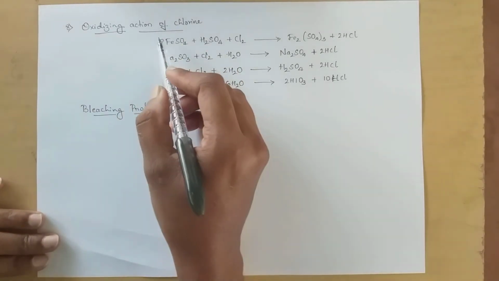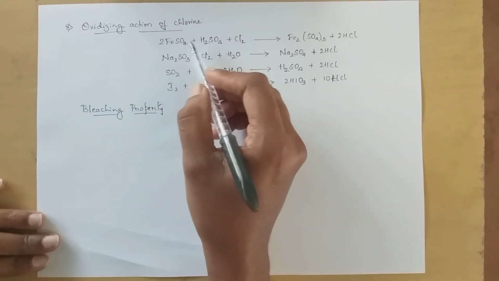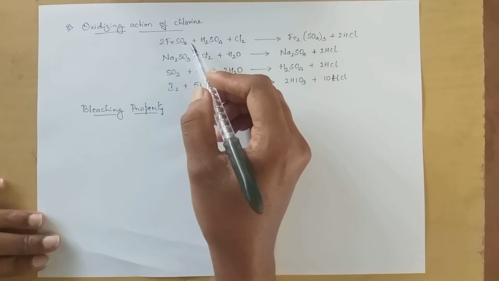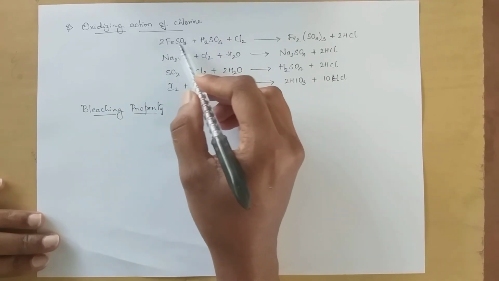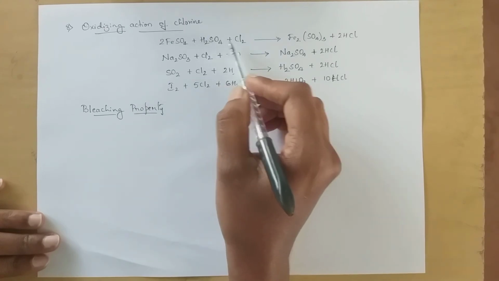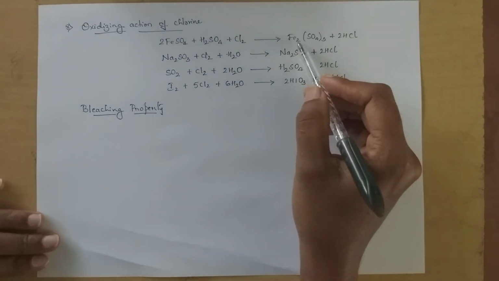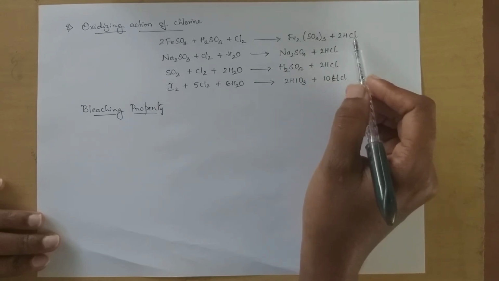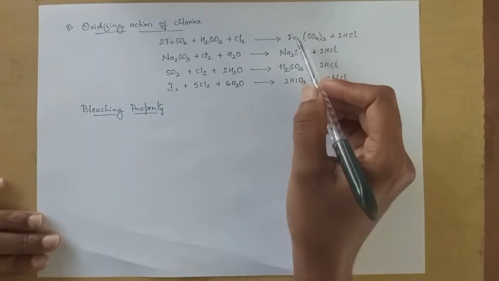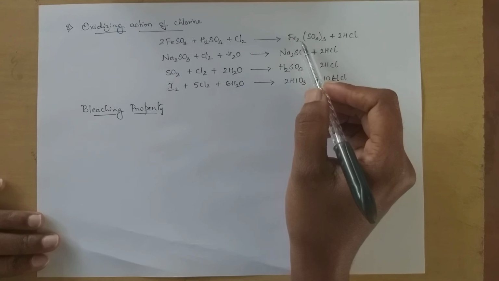Firstly, we have oxidizing action of chlorine, that is chlorine oxidizes ferrous sulfate to ferric sulfate, that is FeSO4 combines with H2SO4 in presence of chlorine, it will give rise to Fe2(SO4)3 and HCl. So ferrous sulfate is oxidized to ferric sulfate.